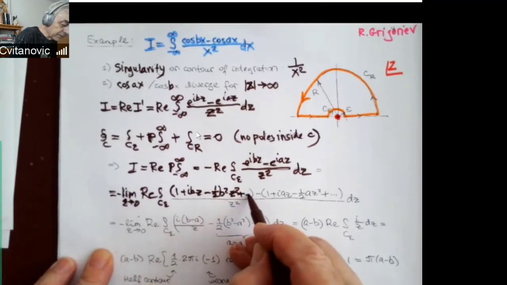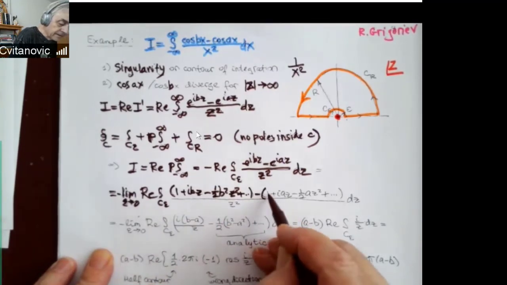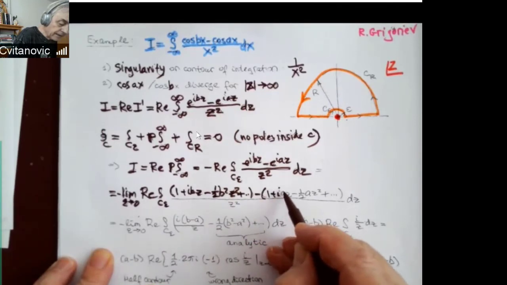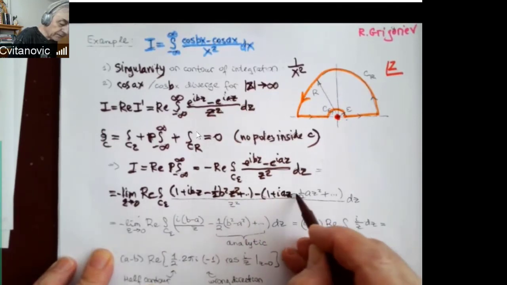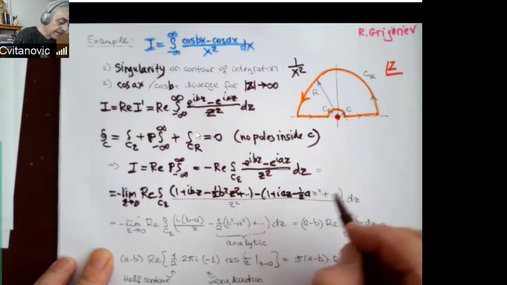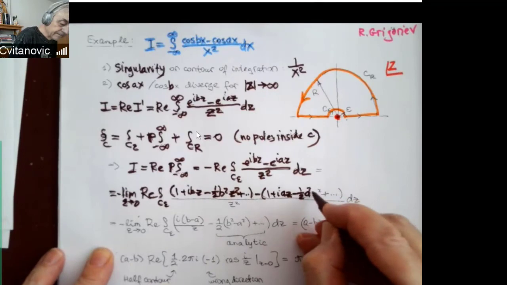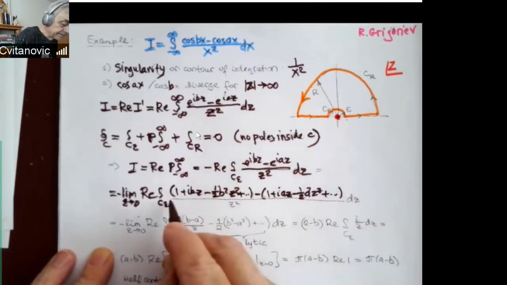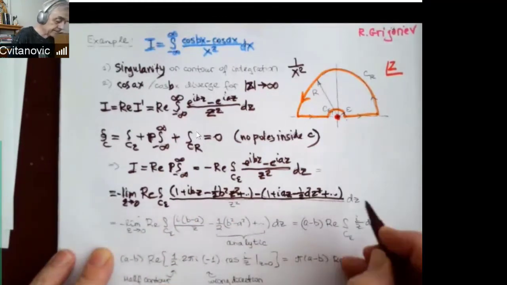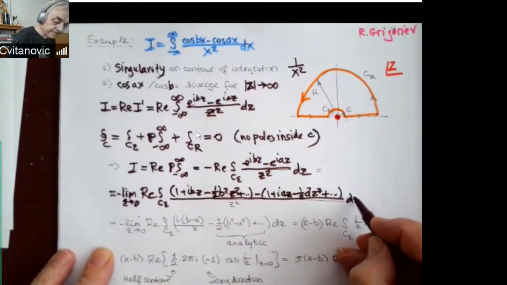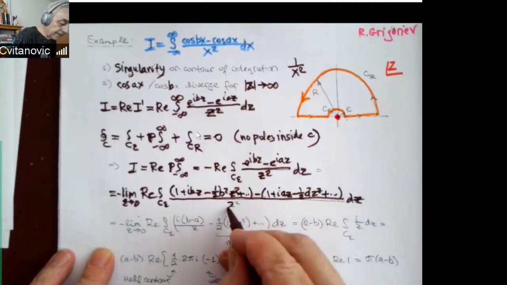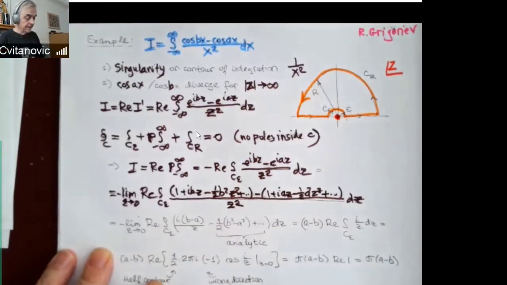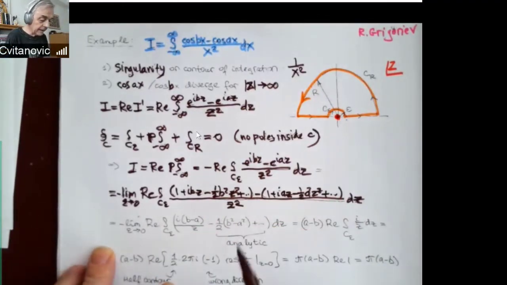They're correct for complex arguments. They have different coefficients, and there is z squared down here.